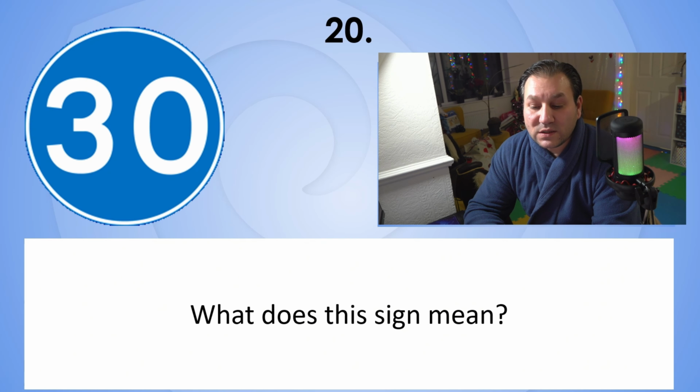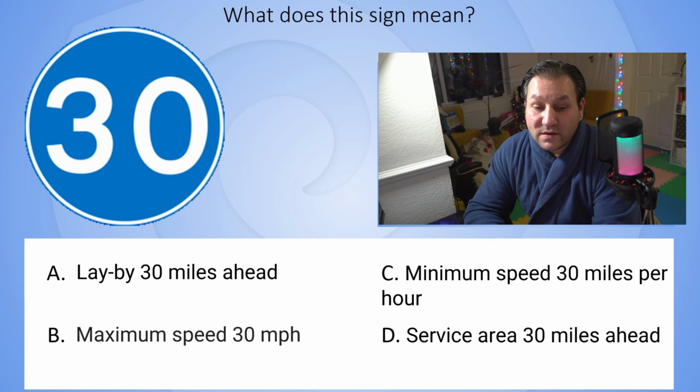20. What does this sign mean? A. Lay by 30 miles ahead. B. Maximum speed 30 miles per hour. C. Minimum speed 30 miles per hour. Or D. Service area 30 miles ahead.